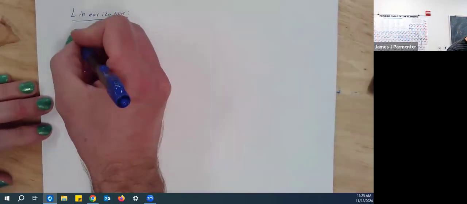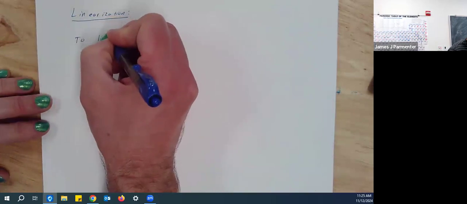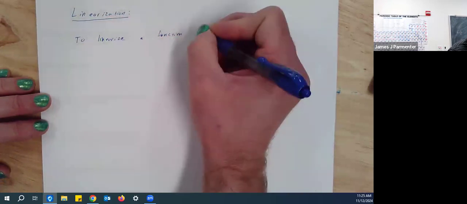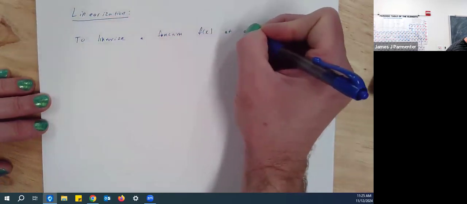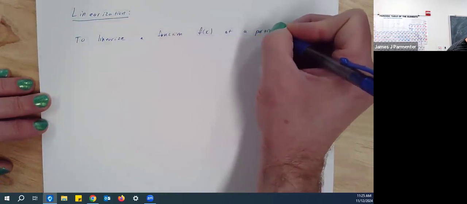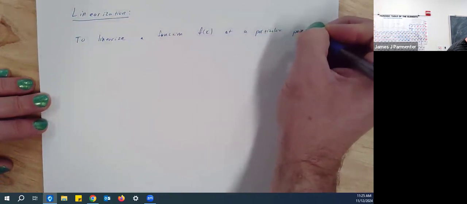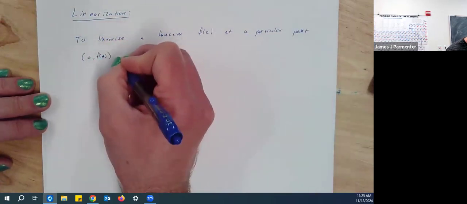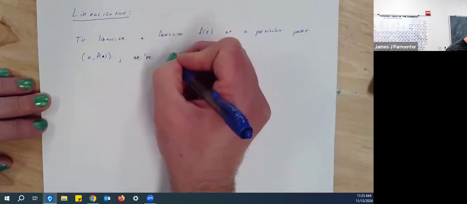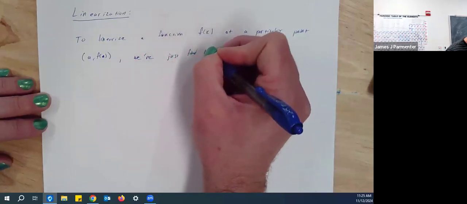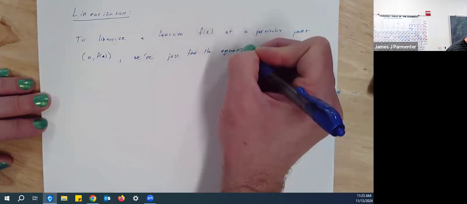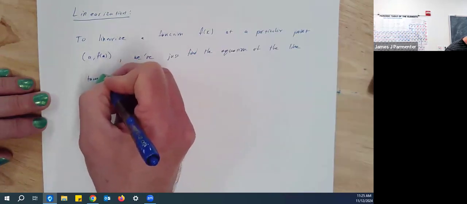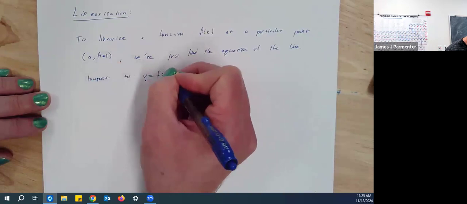So to linearize a function f of x at a particular point, usually labeled as a comma f of a, we're just finding the equation of the line tangent to y equal to f of x at that point.